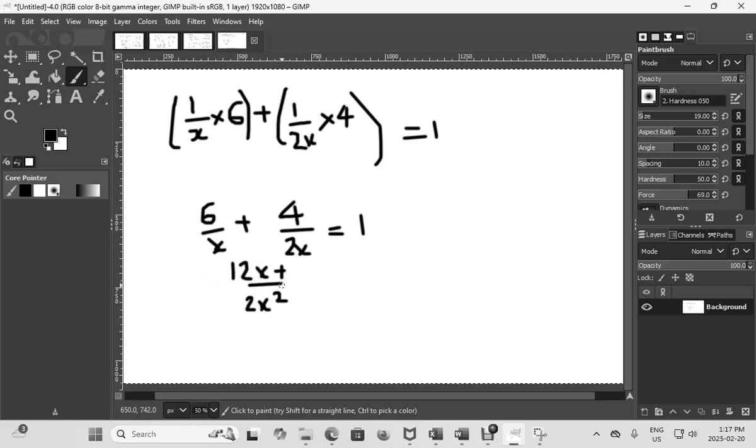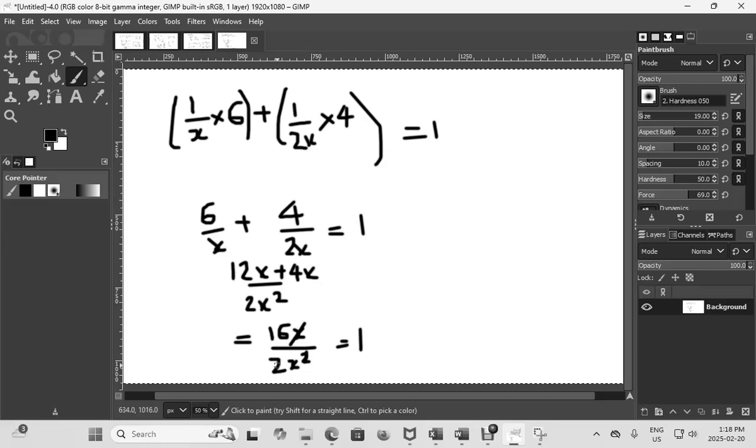So 12x plus 4x is 16x, divided by 2x squared equals 1. The x and x will cancel out, and this will be 16 over 2x equals 1.